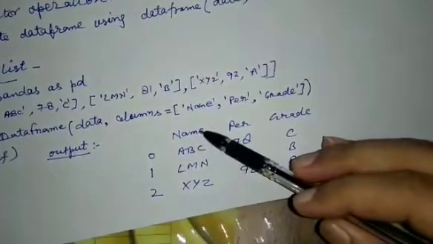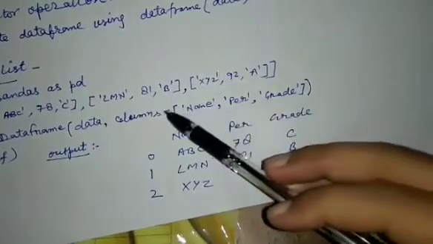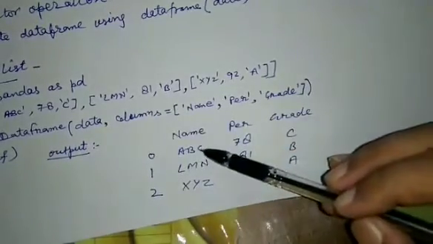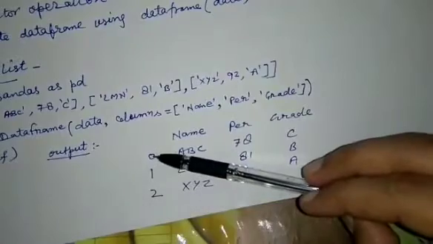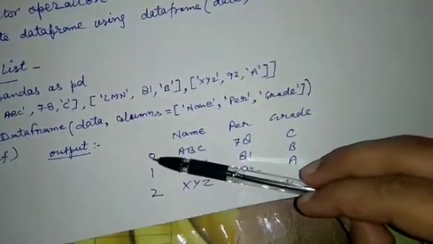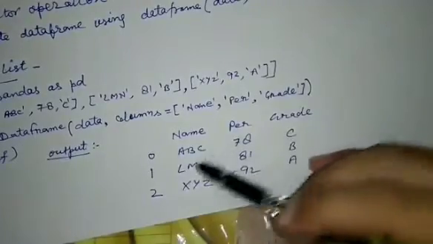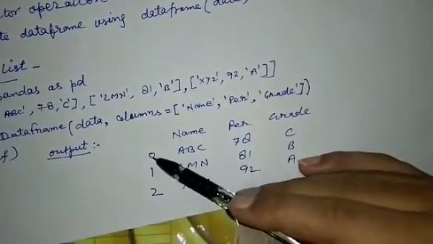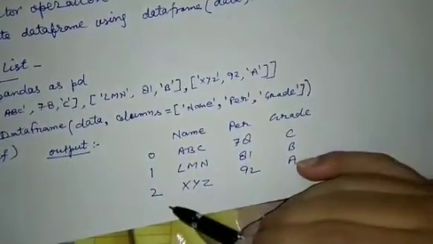So this is name, PER and grade as we defined in the columns argument. These are the rows, the first, second and third elements of the list, and 0, 1, 2 are the default indexes defined for the rows. So the first row will be identified using index 0, the second by 1 and the third by 2.